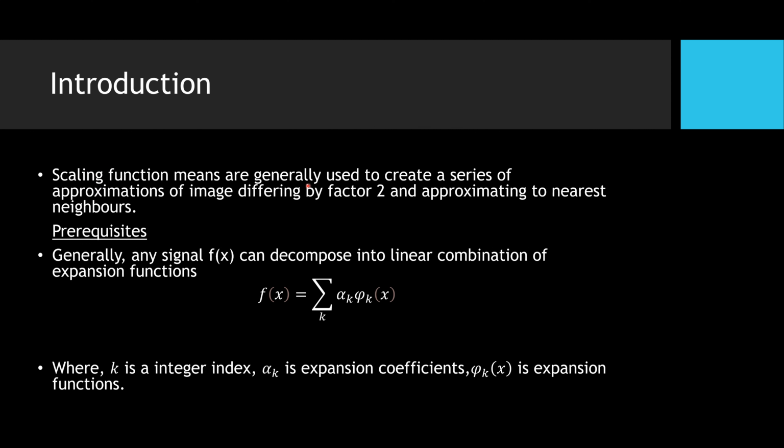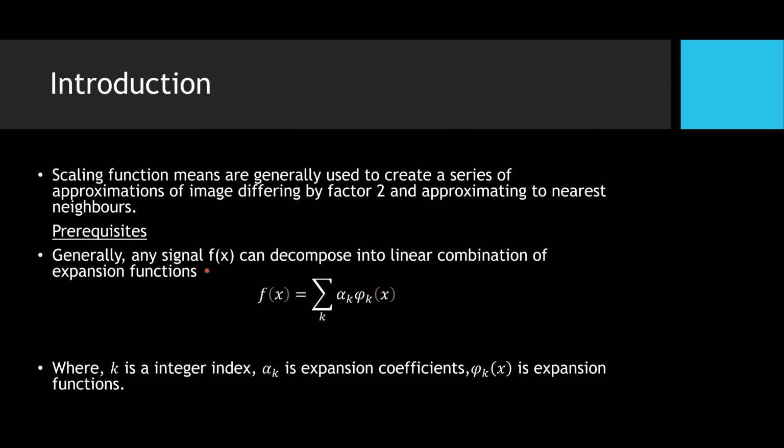So scaling functions are nothing but a number of approximations of an image by a factor, and generally we keep the factor as 2, and after that we approximate it to nearest neighbors. For doing this we have some prerequisites to understand the scaling function in a better way.